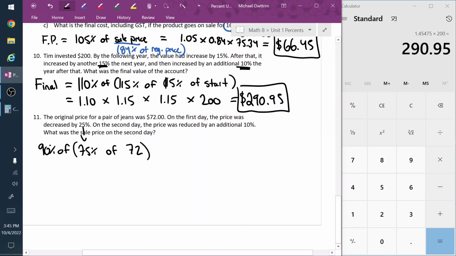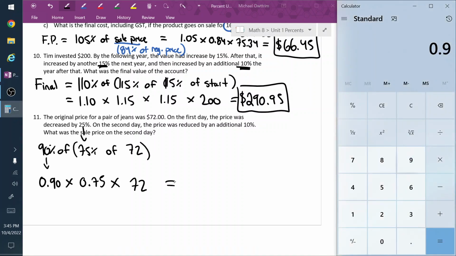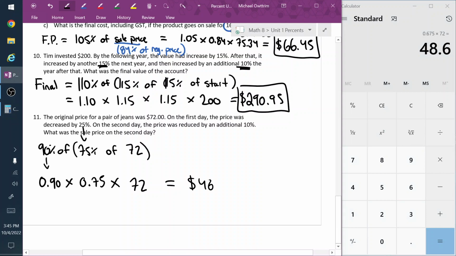And of course, it's 90% of the previous day's price. 90% is 0.90 as a decimal, of is multiply. 75% is 0.75 as a decimal, of is multiply. And then 72. So let's multiply that out. 0.9 times 0.75 times 72 gives me 48.6. And that's going to be my price after the second day.